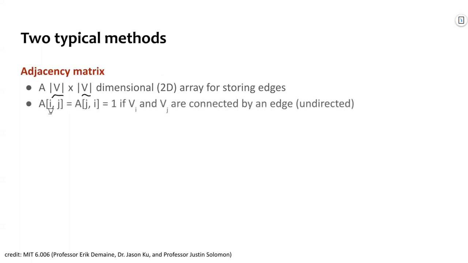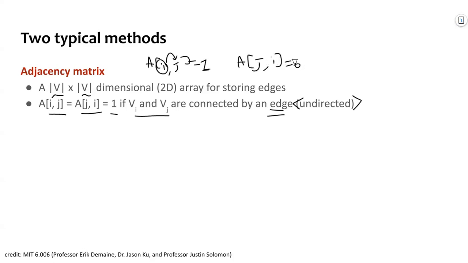The element at position i, j or j, i is 1 if Vi and Vj are connected by an edge. In this case, it is undirected. For directed graphs, we can use different notations. A[i][j] is going to be 1 if an edge goes from i to j, and then A[j][i] is going to be 0 in the case of directed graphs.